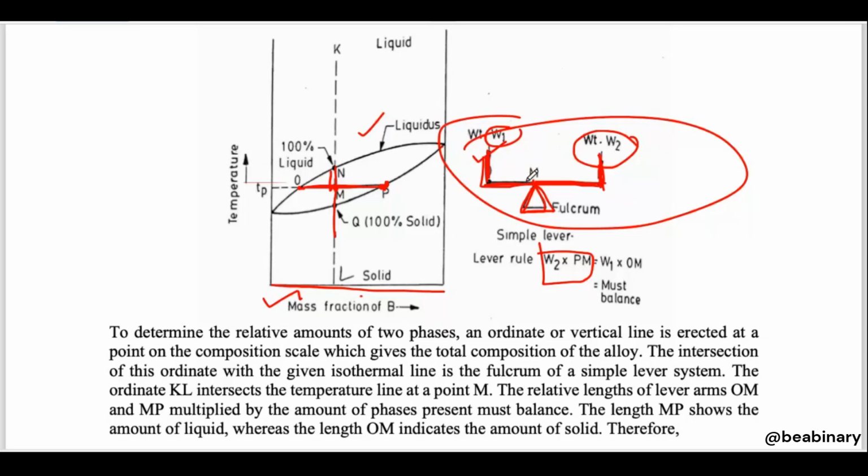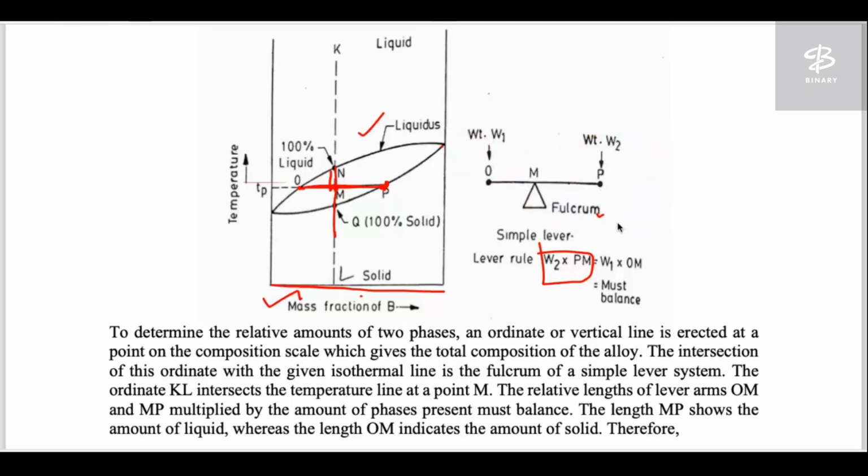Otherwise you cannot reach these conditions. Suppose this load is high, what does it mean? They will come down. If they are in this condition, they are balanced, which means they are in equilibrium. So both multiplications must be balanced.